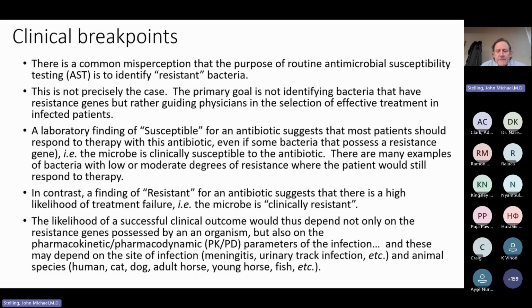So the likelihood of successful clinical outcome in part depends on the bacteriology. That depends on the microbe's characteristics, this idea of microbiological resistance. But it also depends on the pharmacokinetic, pharmacodynamic parameters of the infection. And these may depend on a number of factors. For example, if a patient has meningitis and the bacteria is a little bit resistant, the patient may die.